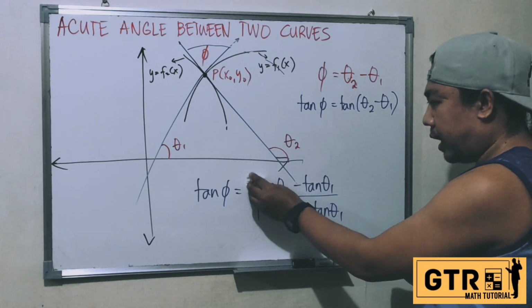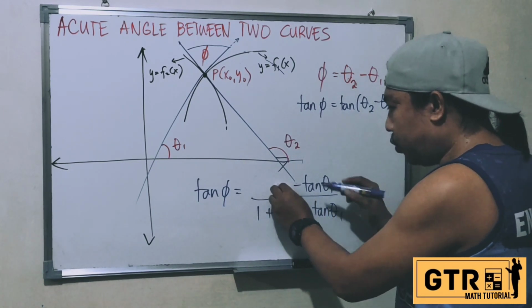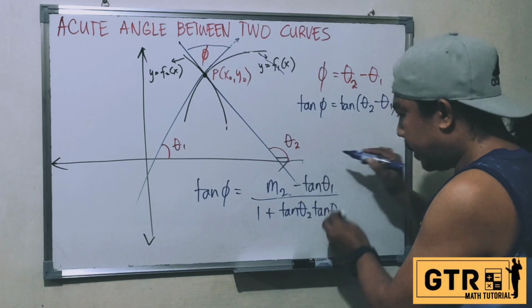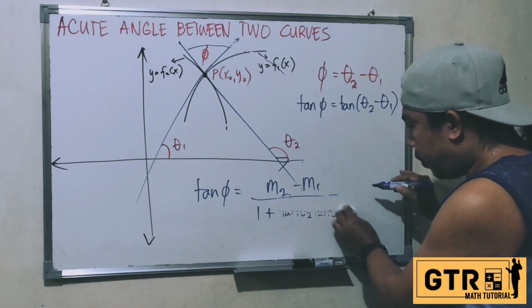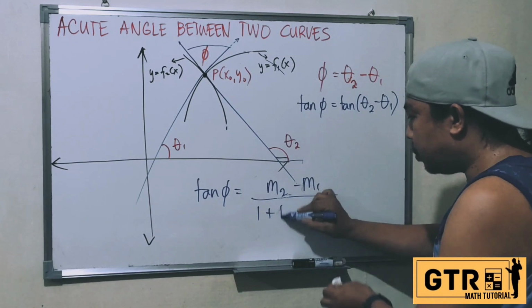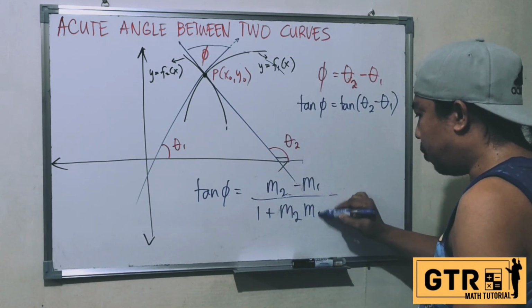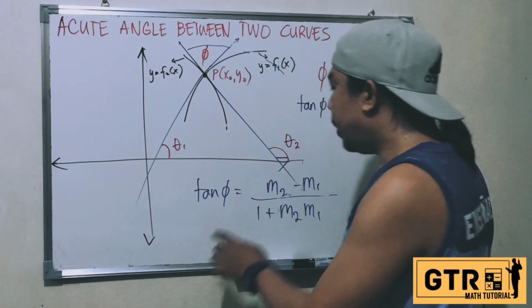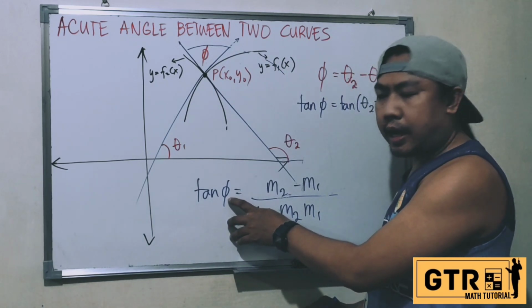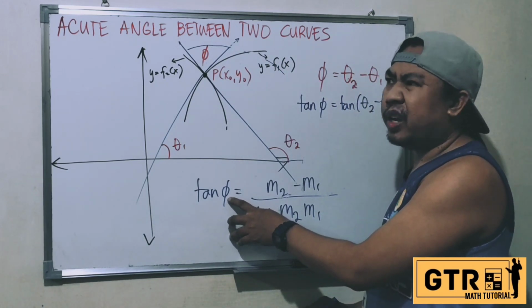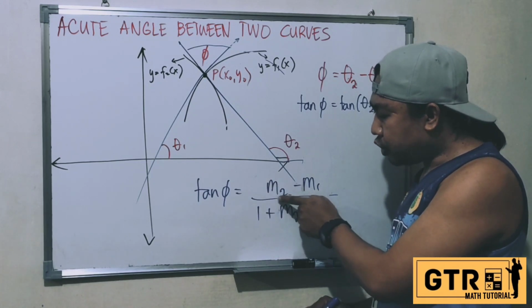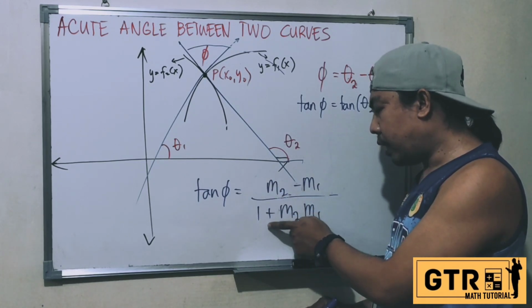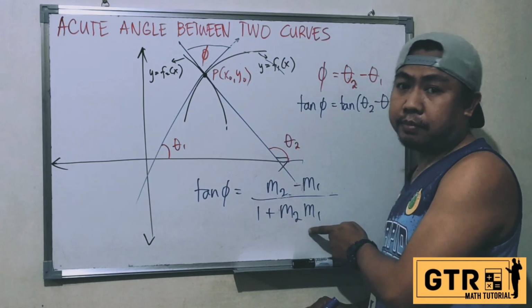Tangent theta sub 2 becomes m sub 2, and tangent theta sub 1 becomes m sub 1. So we have m sub 2 minus m sub 1 over 1 plus m sub 2 times m sub 1.